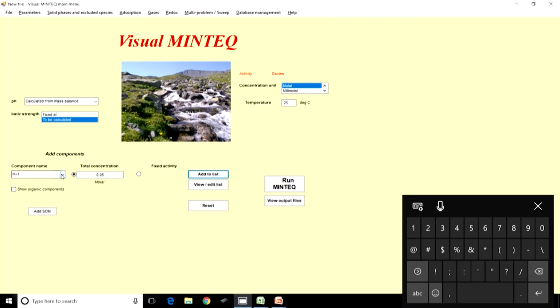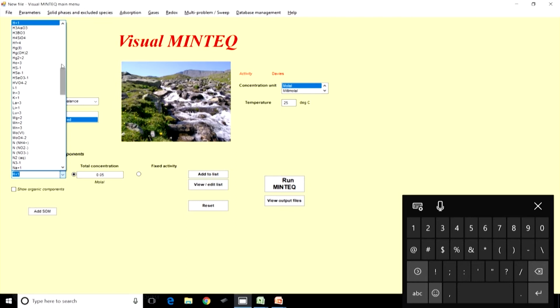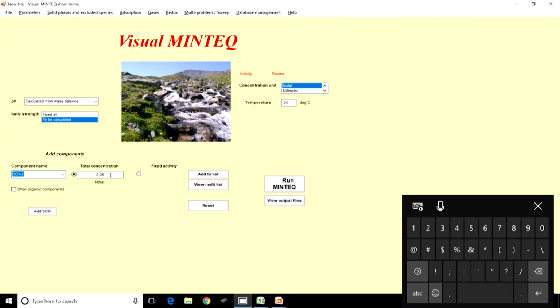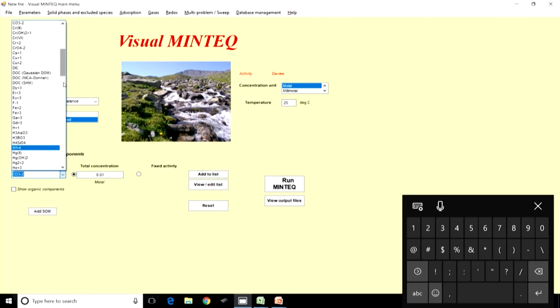Next I am going to look at CO3 total. And where is that? That's here. And that we know is 0.01, and I am going to add that to the list. And the last component was PO4. And where is that? Here.